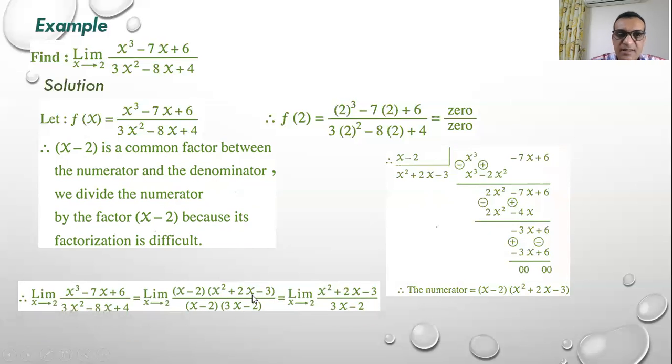Then we can write the limit of x power 3 minus 7x plus 6 over 3 multiply x power 2 minus 8x plus 4 equal the limit of x minus 2 multiply x squared plus 2x minus 3 over x minus 2 multiply 3x minus 2, and by canceling x minus 2 with x minus 2, we get the limit of x squared plus 2x minus 3 over 3x minus 2 equal, by replacing, 4 plus 4 minus 3 over 6 minus 2 equal 5 over 4.